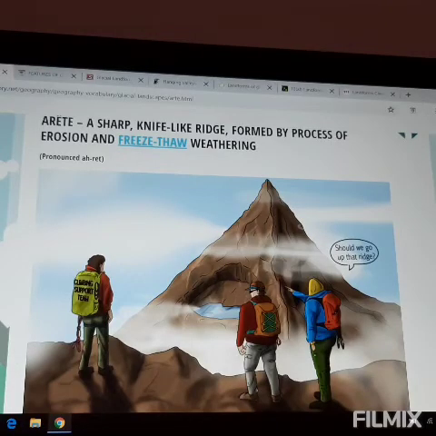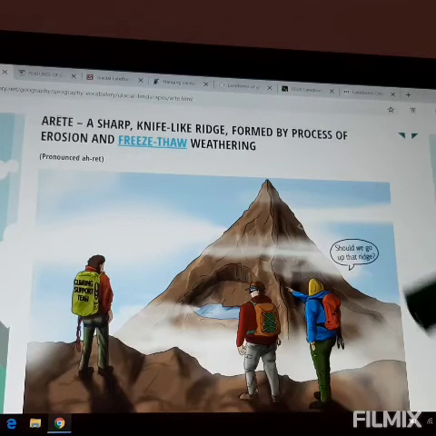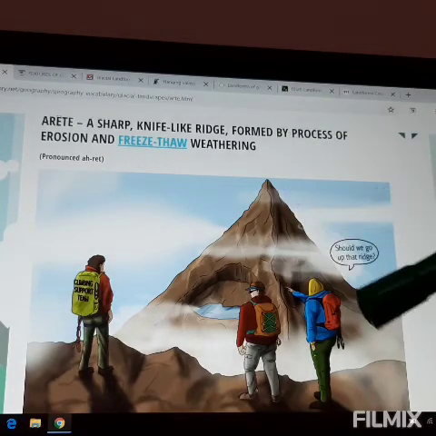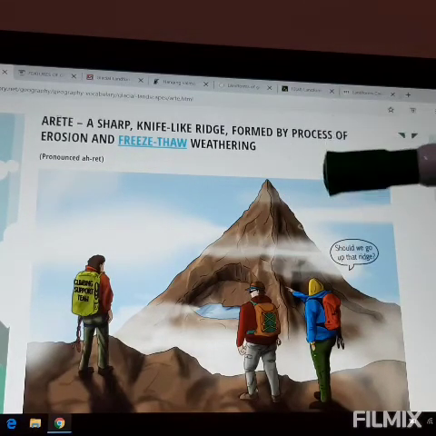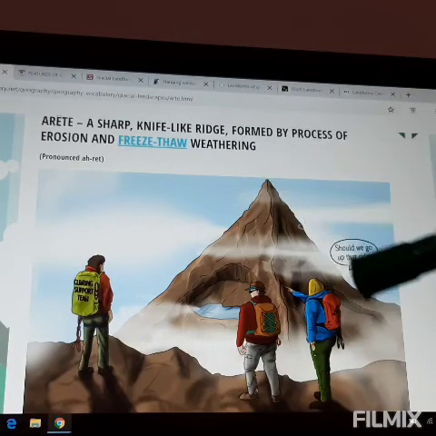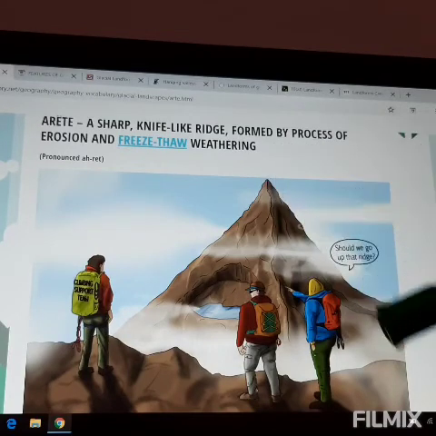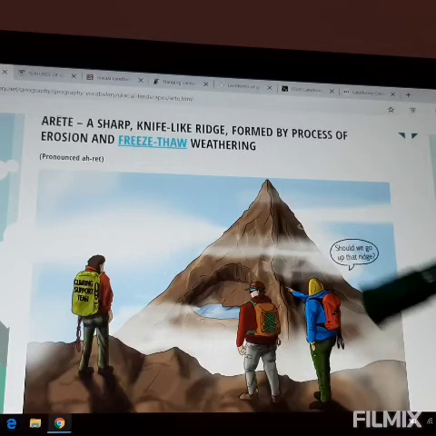In this picture we see a sharp knife-like ridge formed by the process of erosion and freeze-thaw weathering. This is very challenging for mountain climbers, so they avoid this.